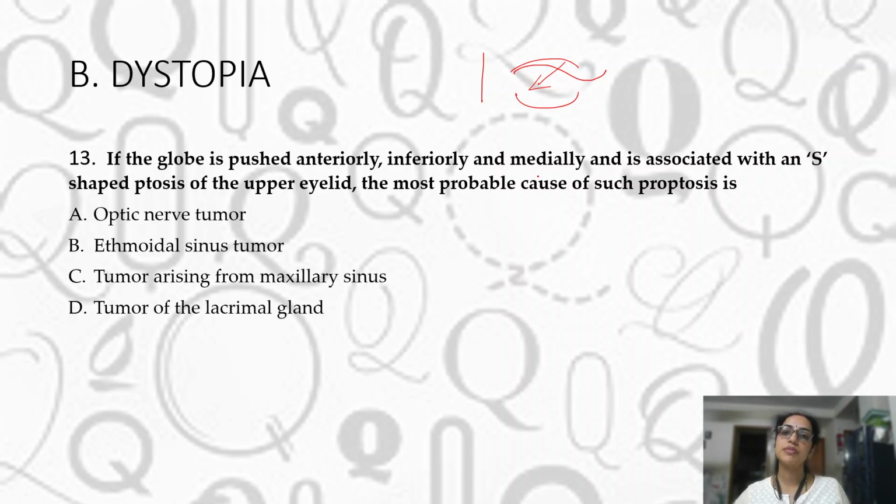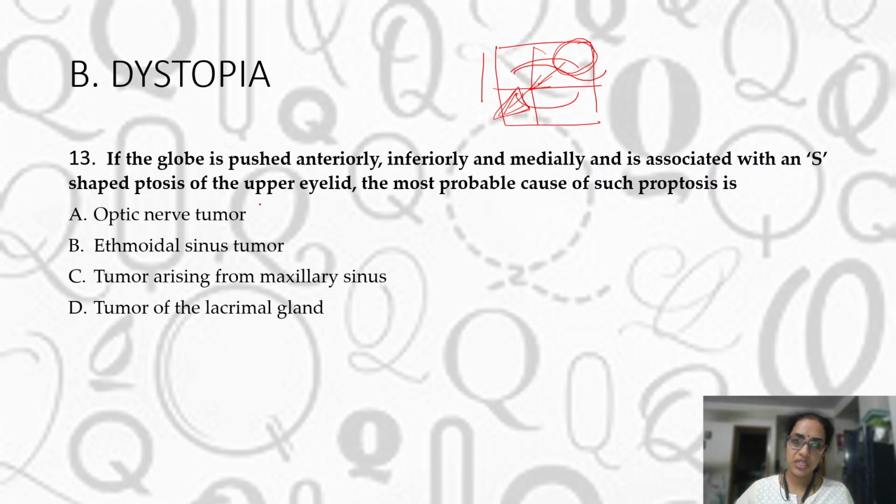The most probable cause of such proptosis is? Let's take the orbit as a compartment and divide it into four parts. The eye is moving towards the inferonasal part. So the lesion should be diagonally opposite to the side of displacement.